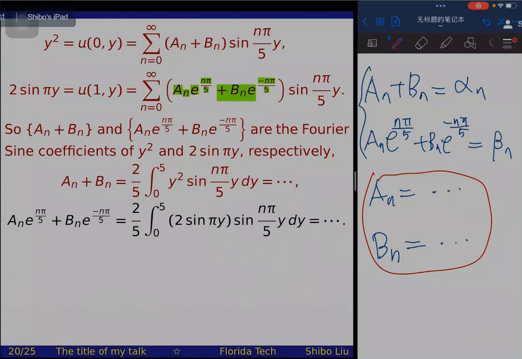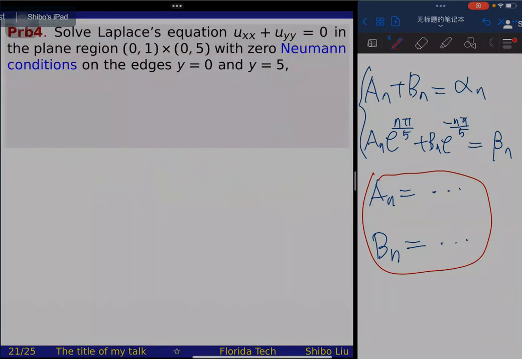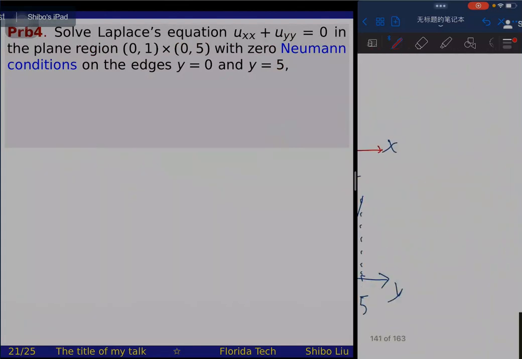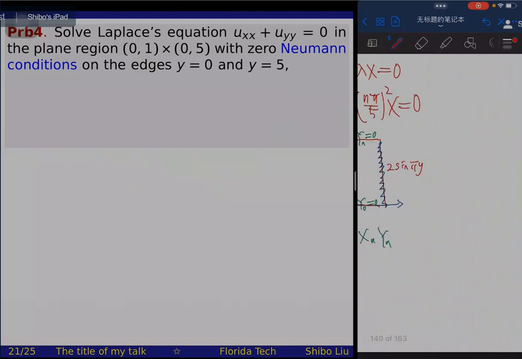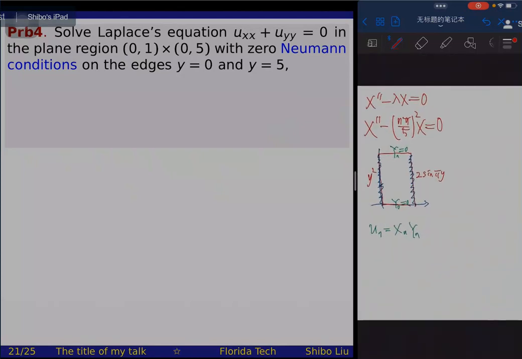But it is important to present you one more problem, very similar to problem 3. The difference is that in problem 3, we are imposing the 0 Dirichlet boundary condition at the top and at the bottom boundary.